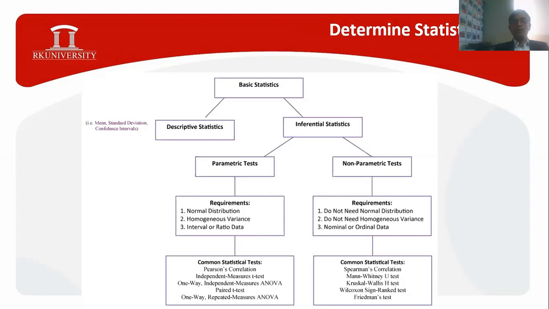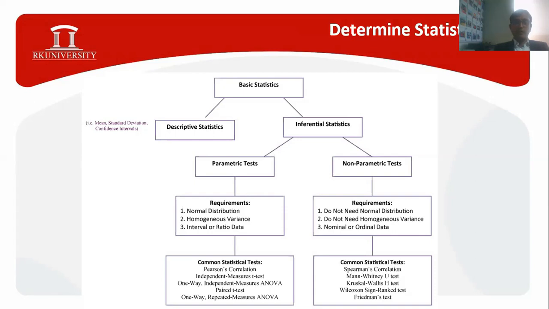You can use any statistical software to check whether the data is normally distributed or not. If the data is normally distributed, then the second assumption we need to check is whether the variance is homogeneous, that means equal or not. If the variance is also equal and if the data you have collected is of interval or ratio kind, then you can go ahead and use any kind of parametric test.